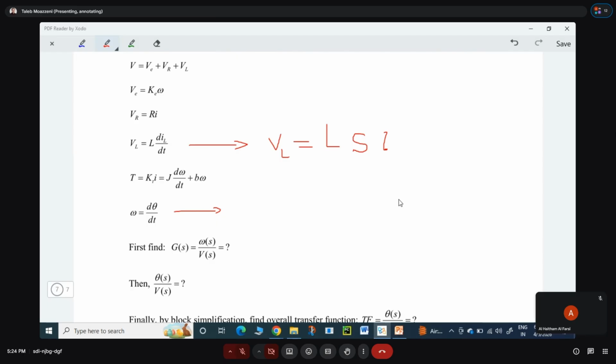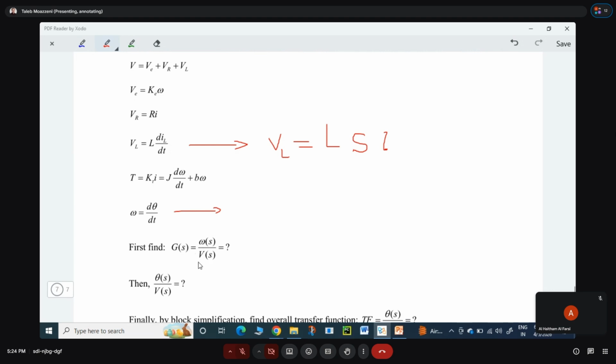So all of them here are in time domain, but you need to convert them to Laplace domain, all of these equations. So all of them will be converted to Laplace, and then you will find omega over V.